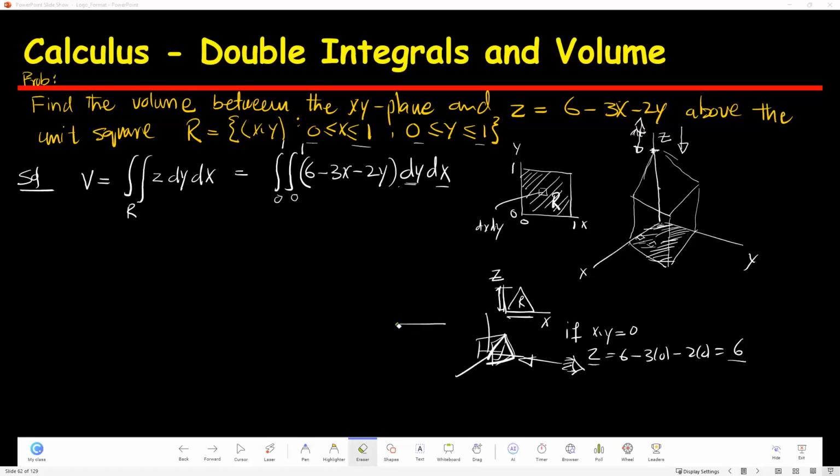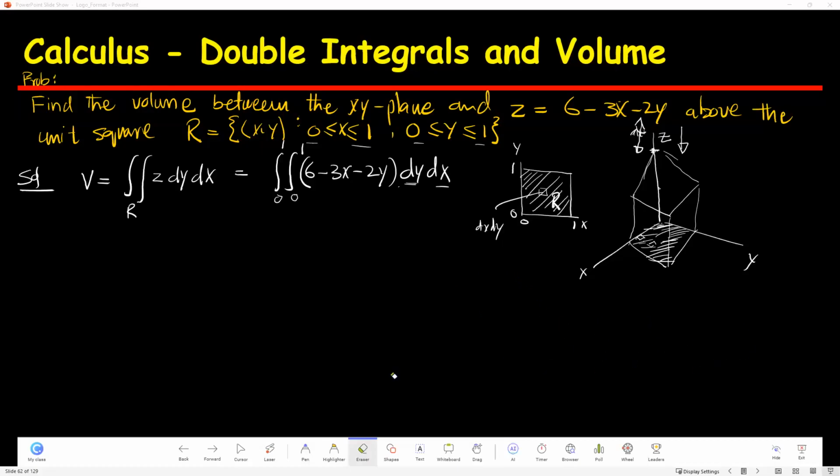I'm going to erase this. The z-intercept is 6, z equals 6. We already talked about that. If you substitute x and y equal to 0, the answer for z comes out to be 6.